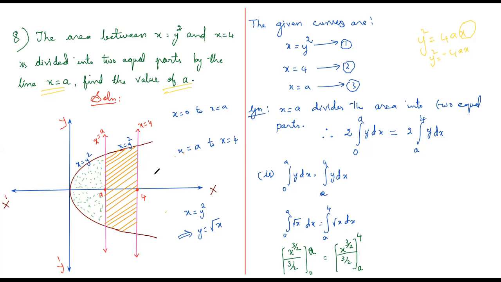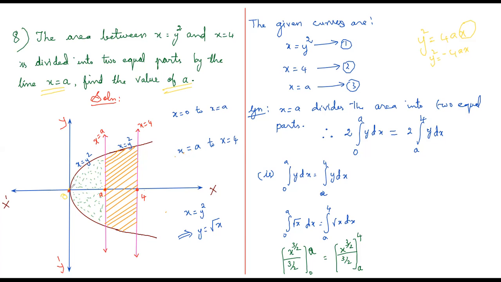So here look into the limits. In the dotted region, it is from 0 to a, and in the striped region, it is from a to 4. So the limit is from x equal to 0 to x equal to a, and x equal to a to x equal to 4.